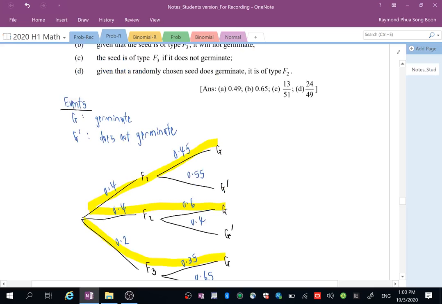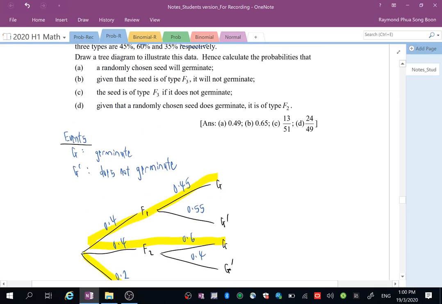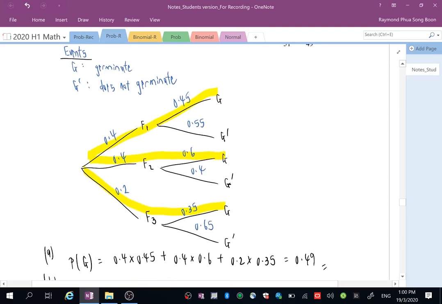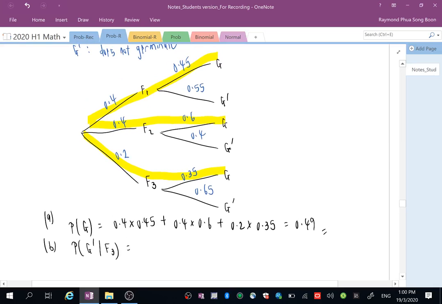Part B, you're asked to find the probability that it will not germinate given that the seed is of F3. So part B is a conditional probability question: the probability of G prime given that it is from F3.